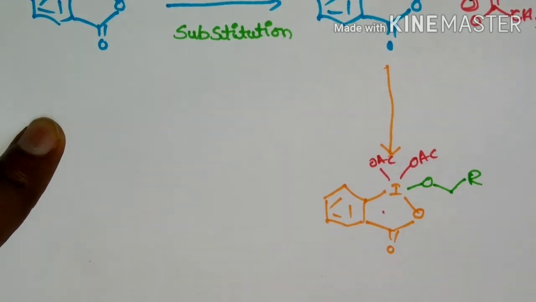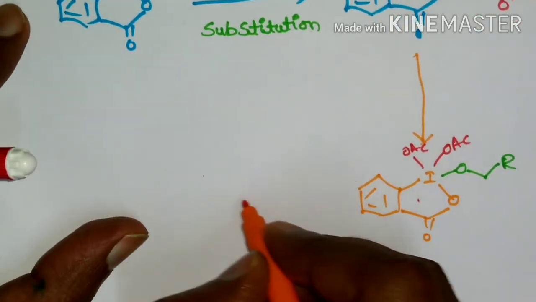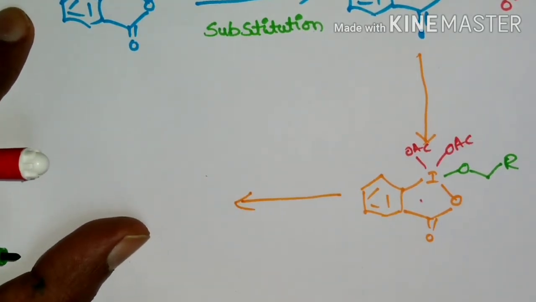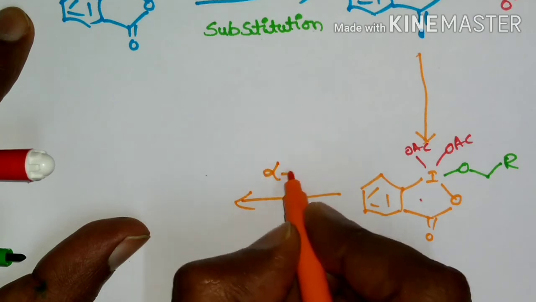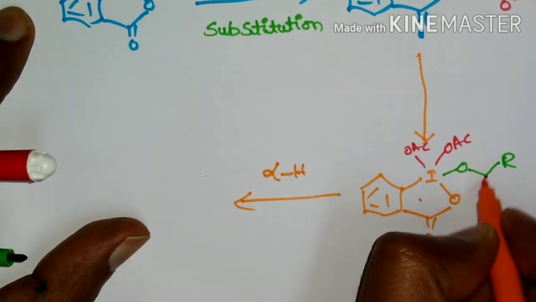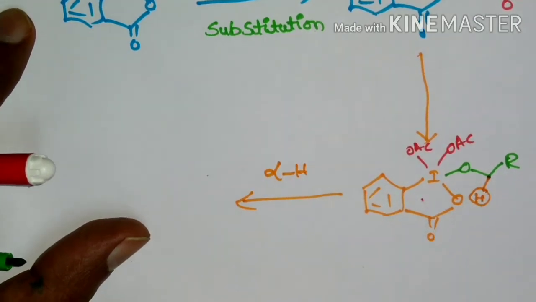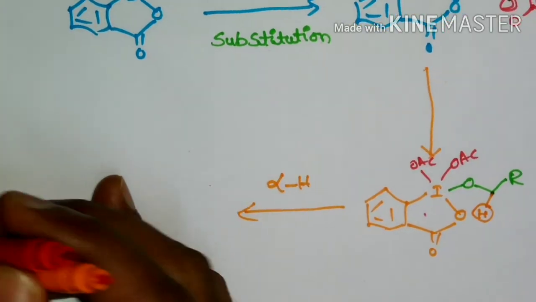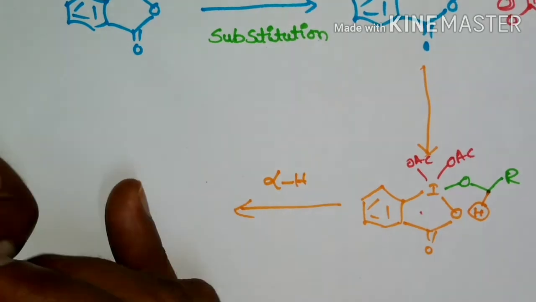Next, this intermediate will undergo an elimination reaction by abstraction of the alpha hydrogen. Here this hydrogen will be abstracted by the acetate ion.